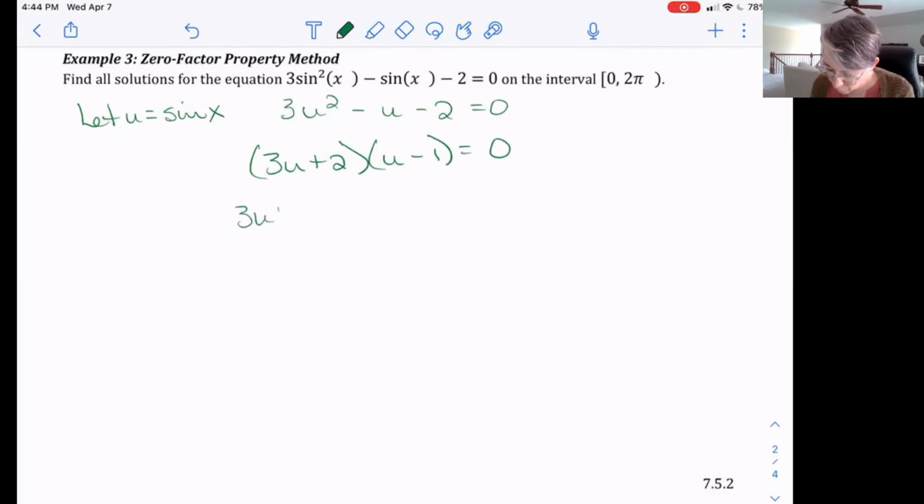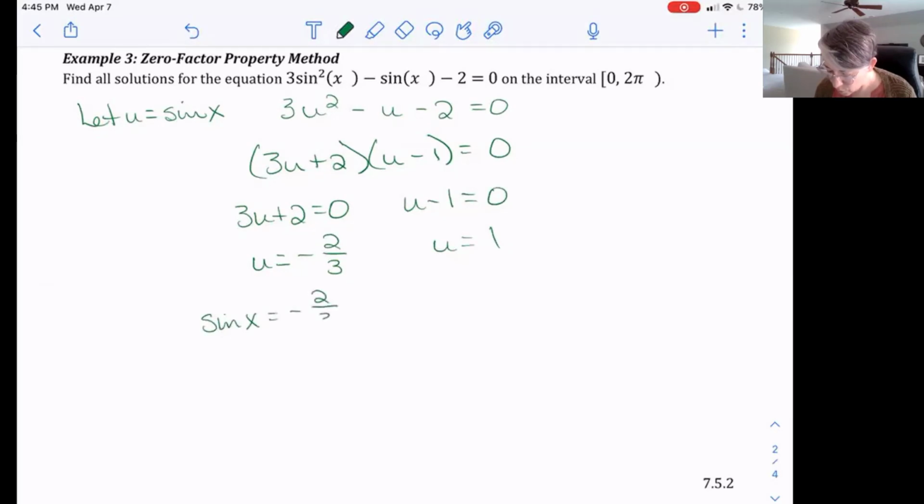Set each factor equal to 0. So we get u equals -2/3 and u equals 1. Well, again, we're not done because u equals sine of x. So if we plug sine of x back in, sine of x equals -2/3 or sine of x equals 1.